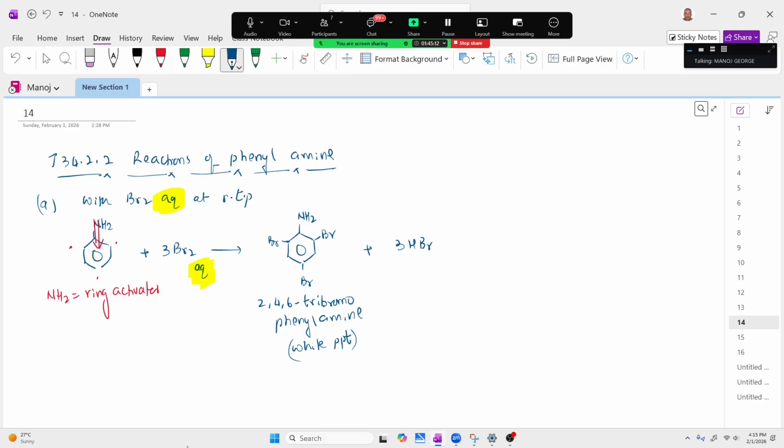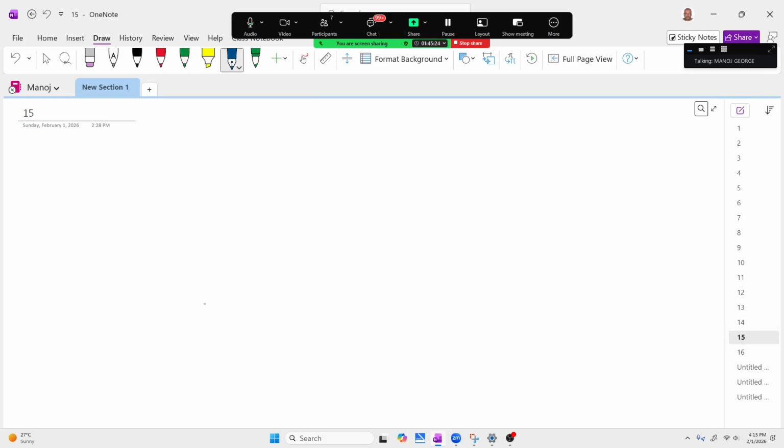Our next reaction should be the reaction of phenylamine to form diazonium salt. Let's have a look at one more reaction before I end the class. Is that okay? That's the last one for today. This reaction is with HNO2 or NaNO2. I'm just mentioning what the syllabus says.